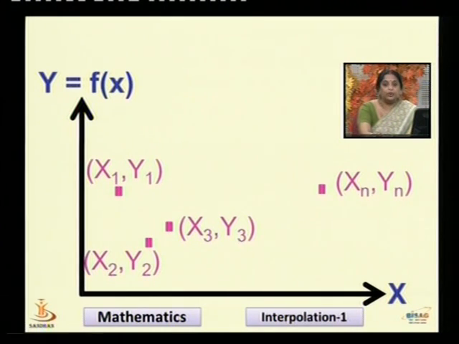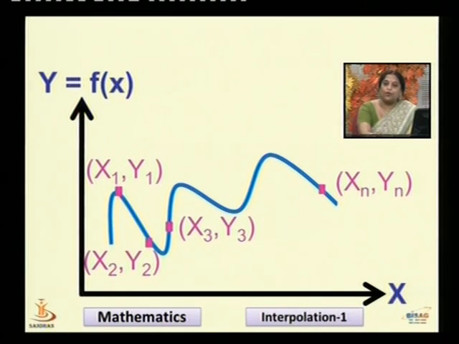If f(x) is known explicitly, we shall see that f(x) passes through all the n data points. Now this f(x) is known, and hence when we find out its behavior, we find that it passes through all the n points. But what if f(x) is not known explicitly?